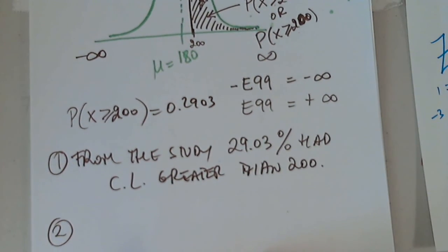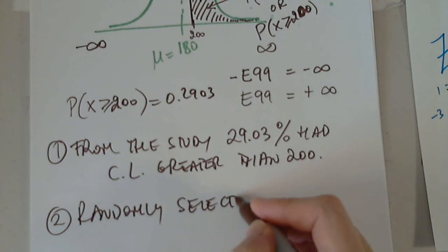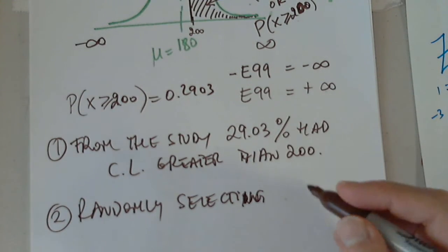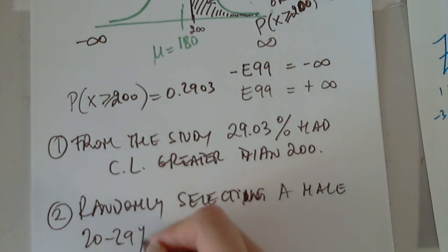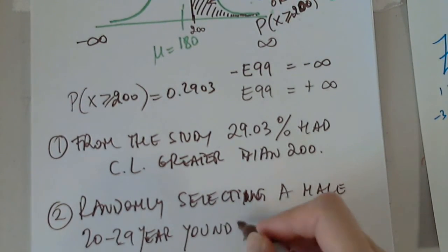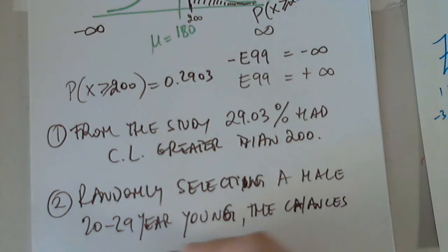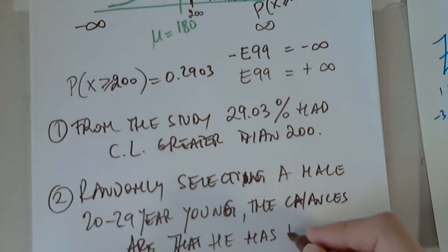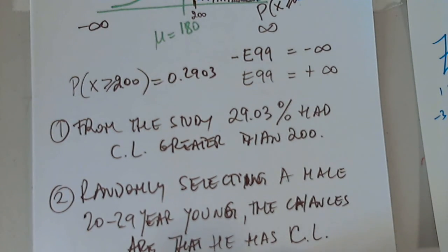Two, another interpretation of the same area. Randomly selecting, I think it was a male from 20 to 29 years young, the chances are that he has cholesterol level greater than 200.